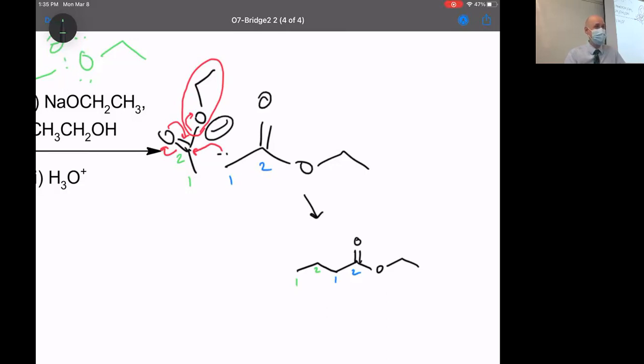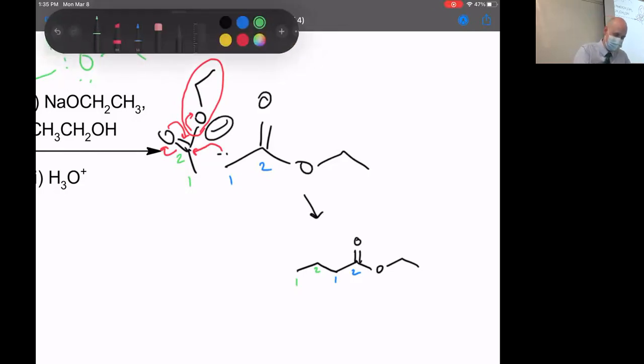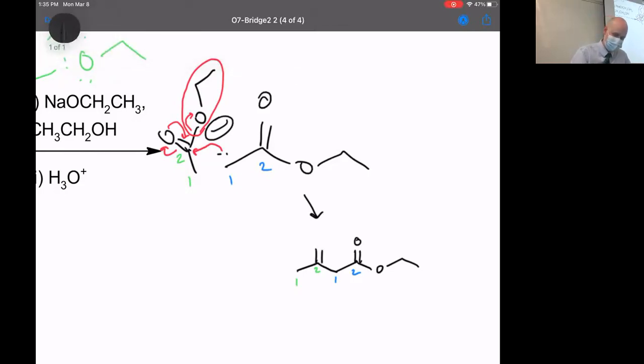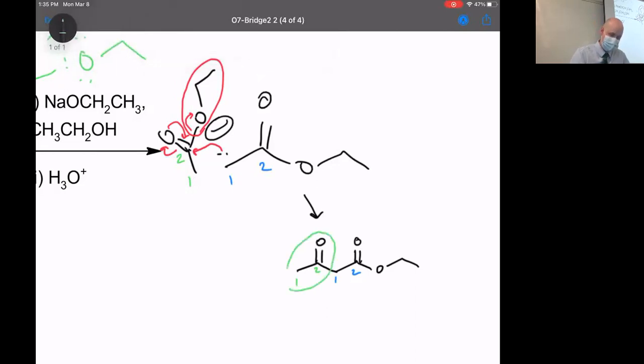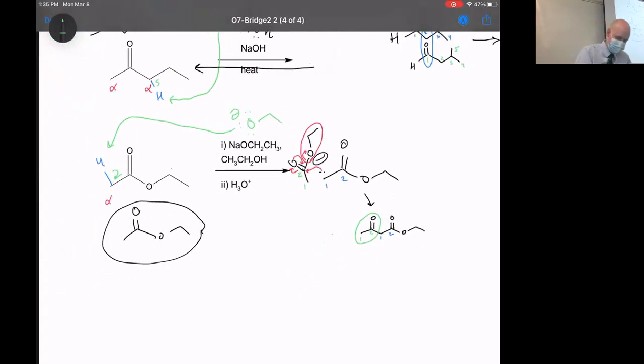You kicked electrons up, making it a single bond O minus, but then they came back down, and so it should still be in the product a double bond O. So this chunk right here came from the carbonyl of your ester. And notice that that's this part right here, but all of that was your leaving group, so it all got kicked off.